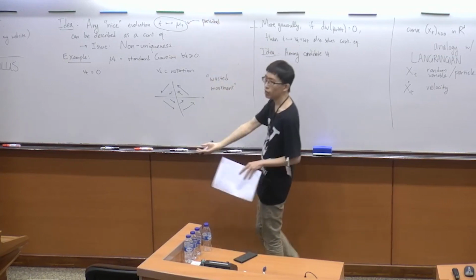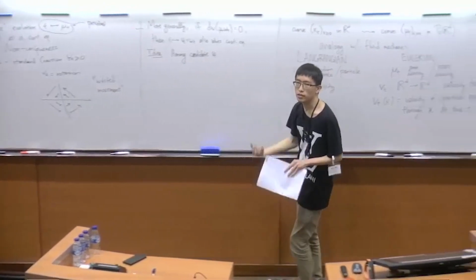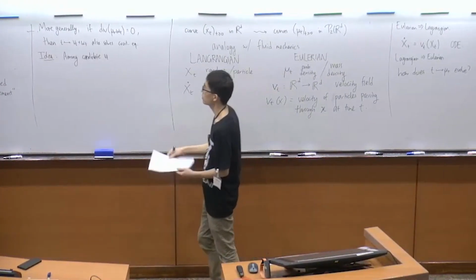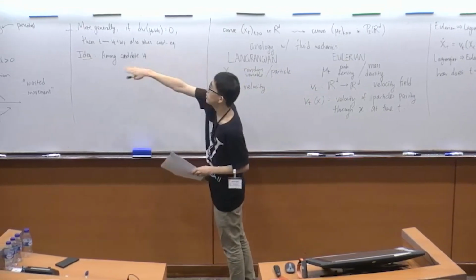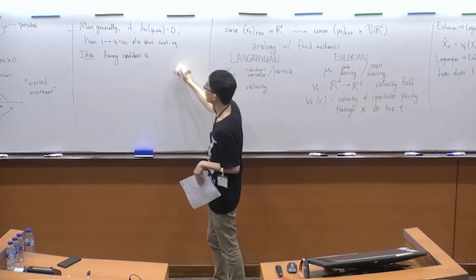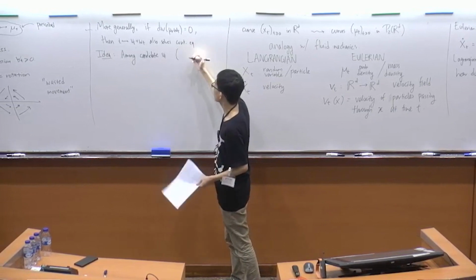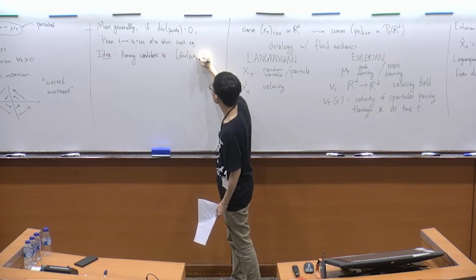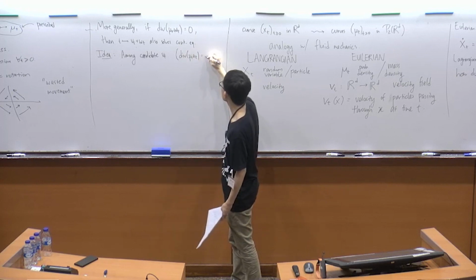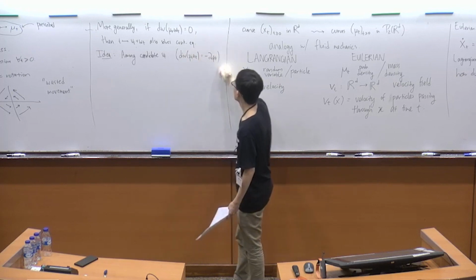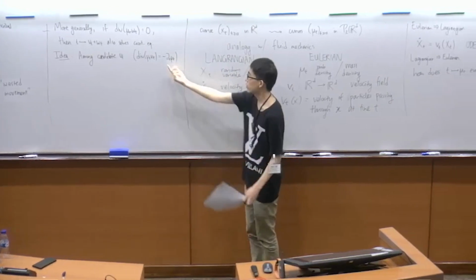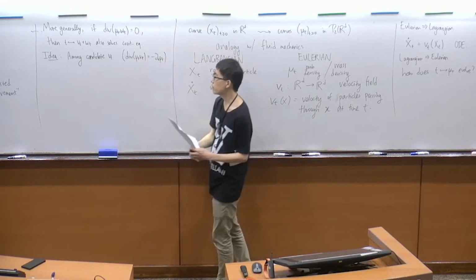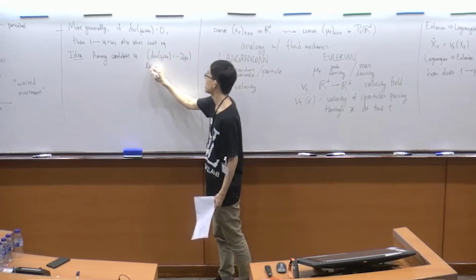Someone just gave me this curve of measures, and I want to understand what's driving this evolution. So in order for Vt to explain the dynamics of mu-t, I need the continuity equation to be satisfied, which I can write as follows. Divergence of mu-t Vt has to be equal to minus partial t mu-t, where the right-hand side is prescribed. So notice this is a linear constraint on Vt.